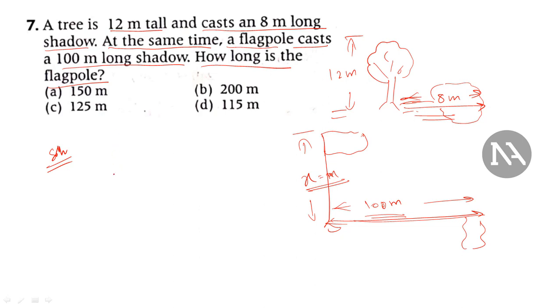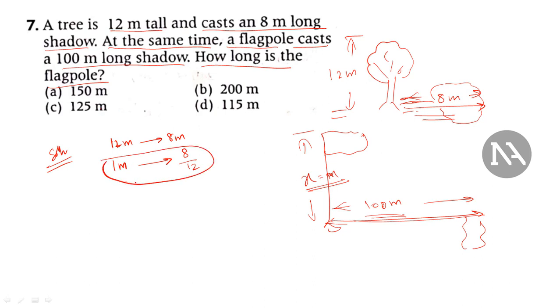So here I have to find out, for 1 meter, how much is the shadow length. In the question they gave, for 12 meters the shadow length is 8 meters, so for 1 meter what is the shadow length? So 8 divided by 12. This is the unit quantity, right?